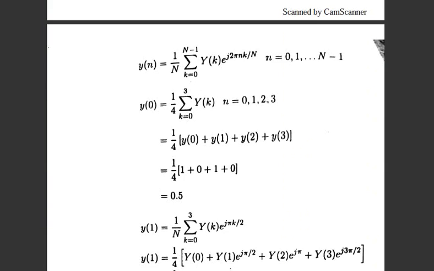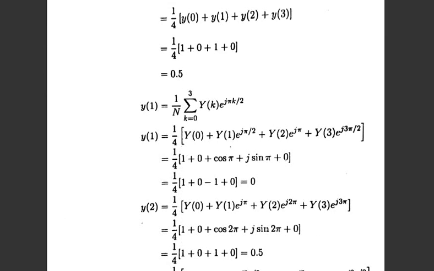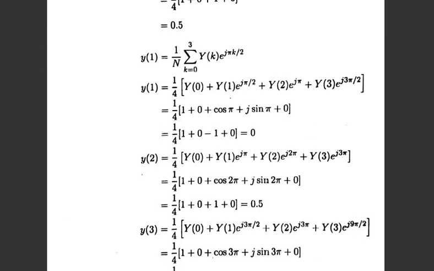Now here we are applying IDFT. For y0 we have applied the formula of IDFT, which is this one, and in the result we have this value for y0, and likewise for y1, y2, y3.